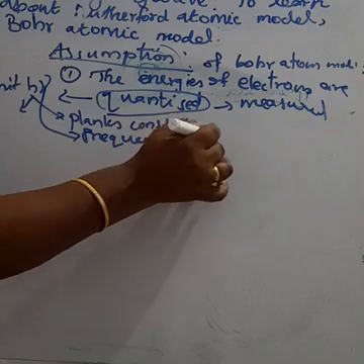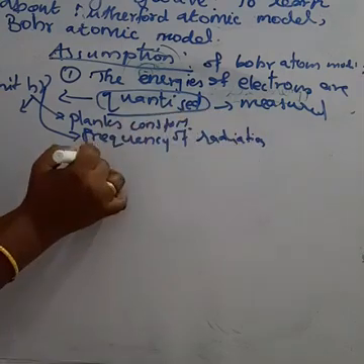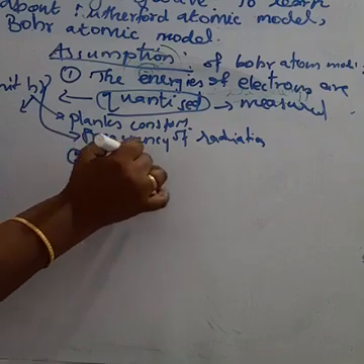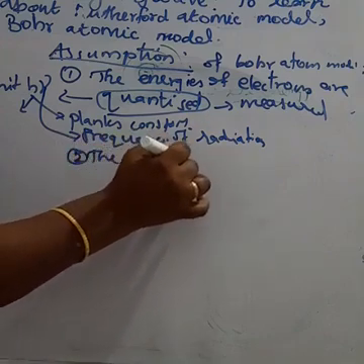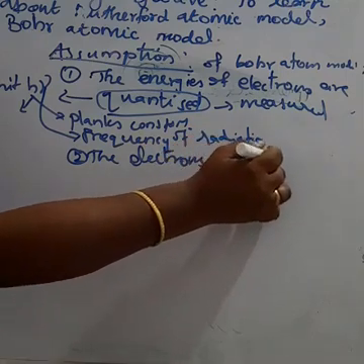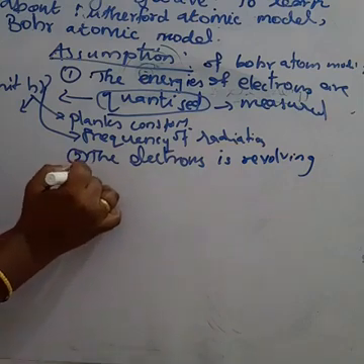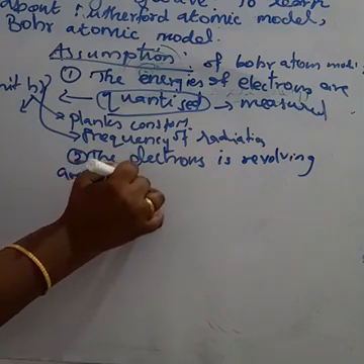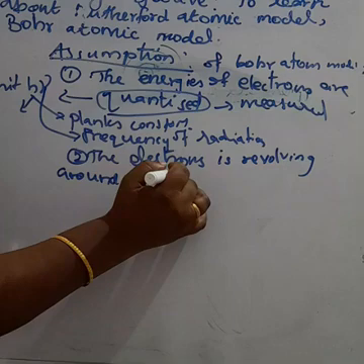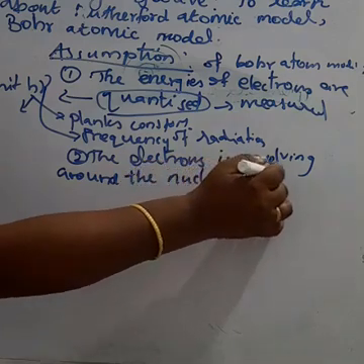The electrons revolve around the nucleus in a fixed circular path called a stationary orbit.